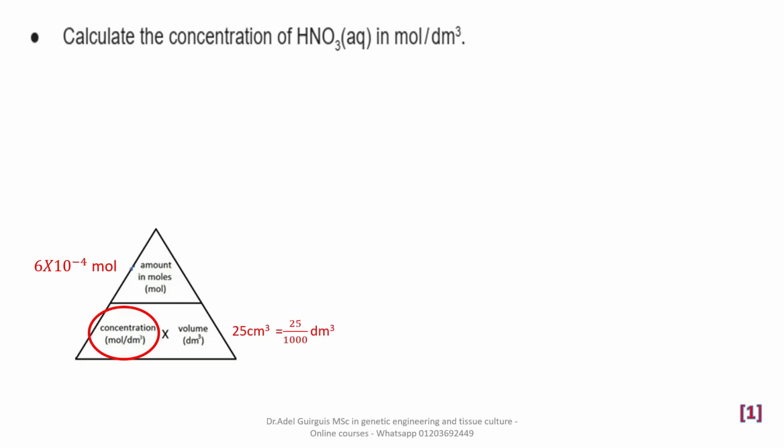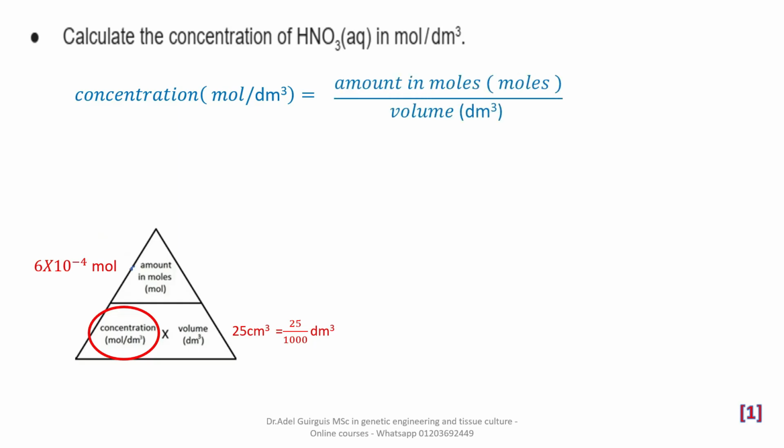At the beginning of the question, 25 cubic centimeters of nitric acid is used for neutralization. So we convert this figure into cubic decimeters. Concentration equals amount of moles divided by volume in liters. By substitution we obtain the last figure, which equals 2.4 times 10 to the power minus 3 mole per liter.